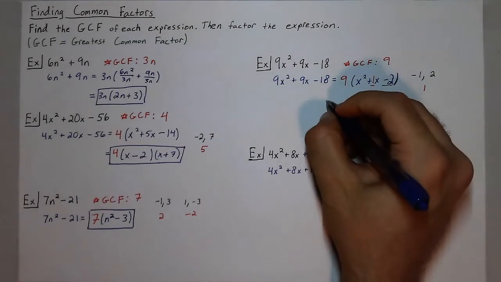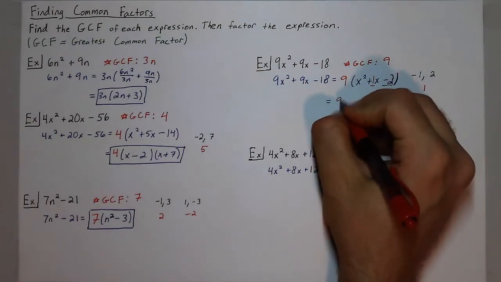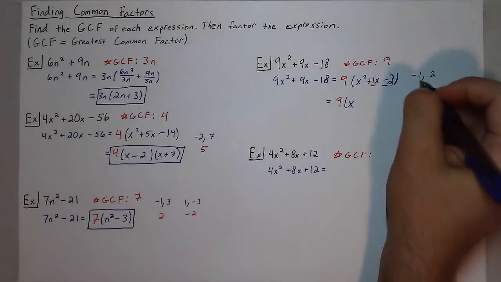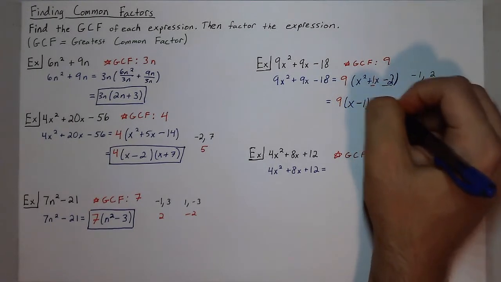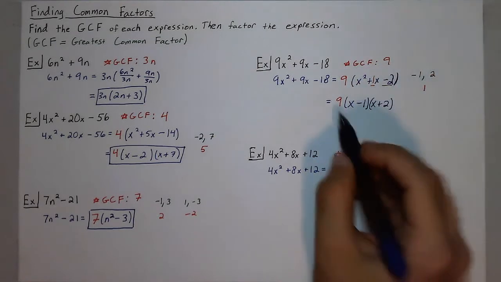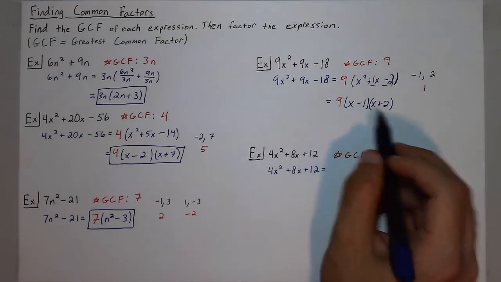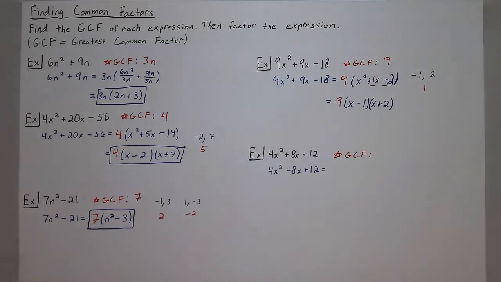So now I'm left with 9 times x minus 1 and x plus 2. So those will be my three factors. And again, 9 is an equal value factor as x minus 1 and x plus 2. So there are three factors to this quadratic expression.